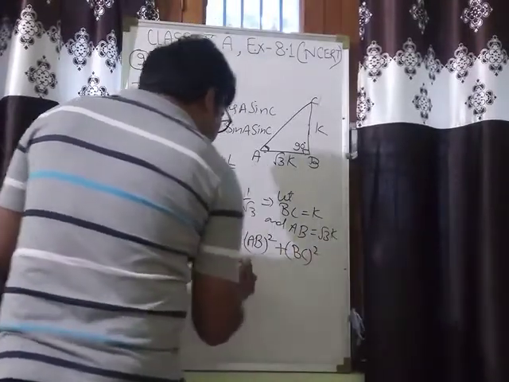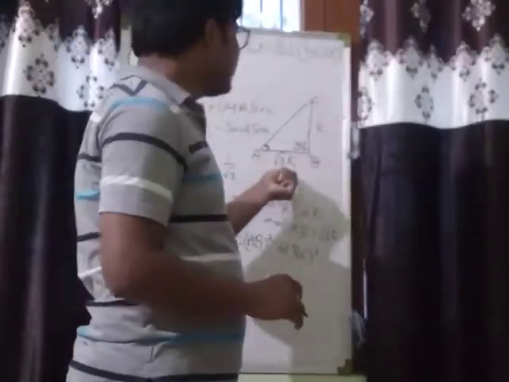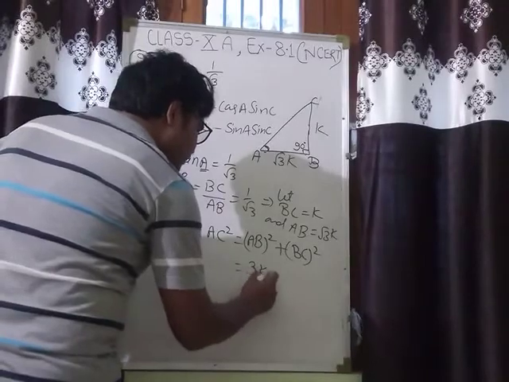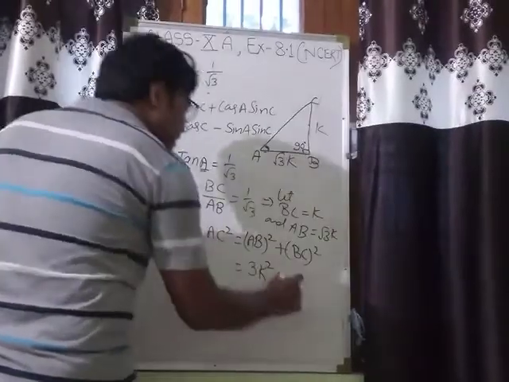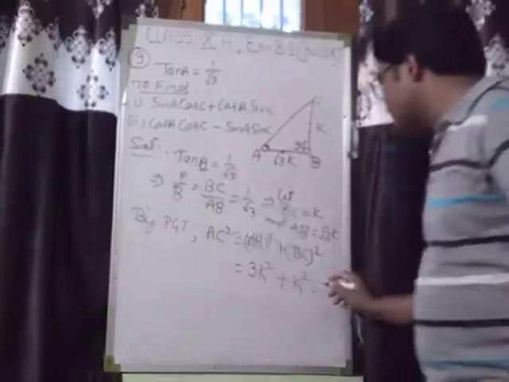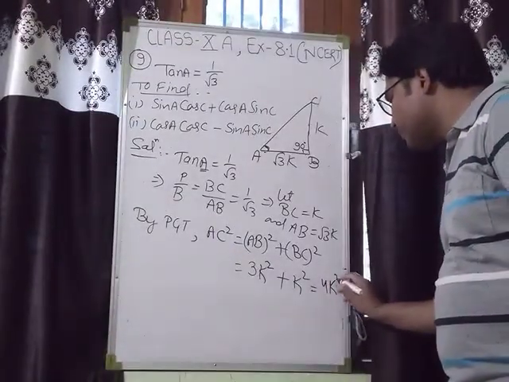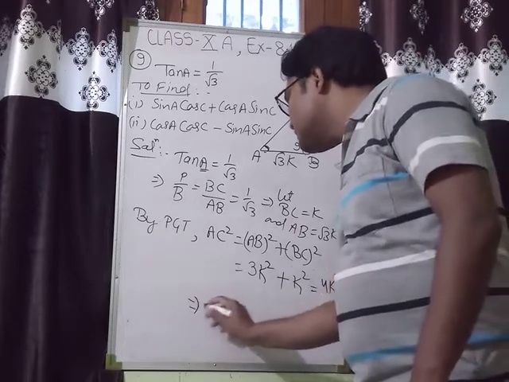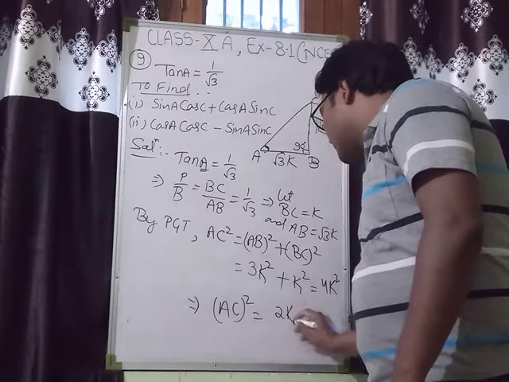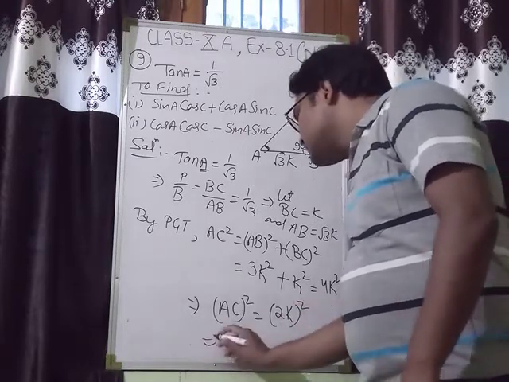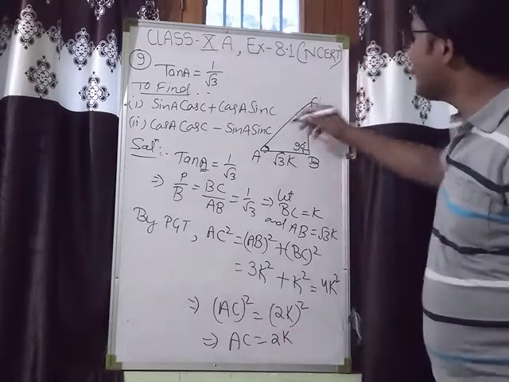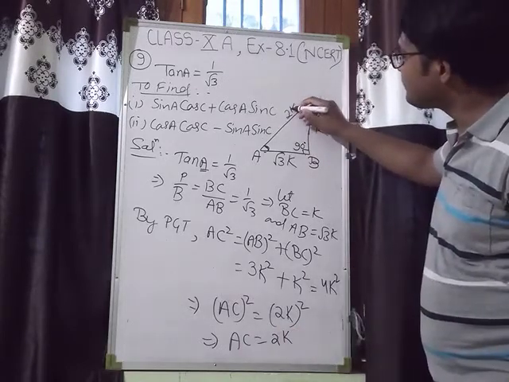AB is root 3K, so its square is 3K square, plus BC is K, so its square is K square, that is 3K square plus K square, which is 4K square. Clearly AC square equals 2K whole square, meaning AC is 2K.